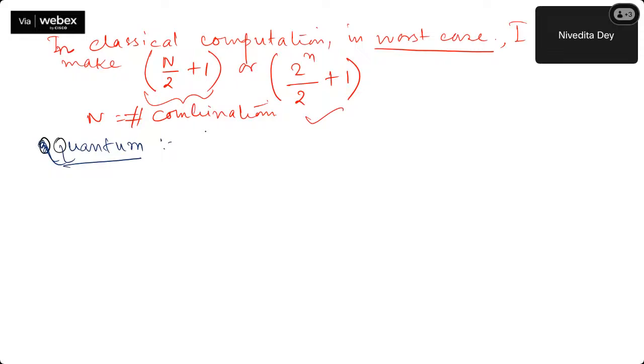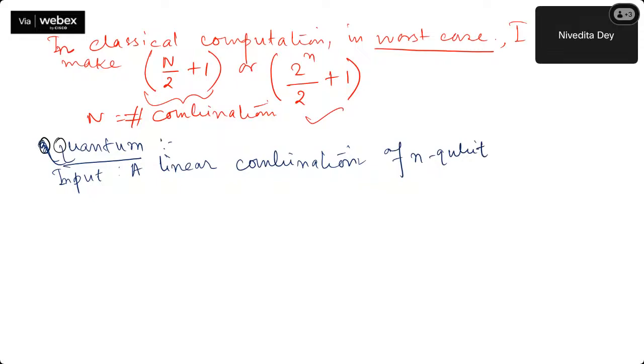So for the quantum one, let us consider that our input is nothing but a linear combination of a linear. I'm aiming for covering Deutsch-Jozsa as well as Grover, and that is so big. That is why just try to be a little fast. If you're having any doubt, please put it on chat or try to ask at the end.